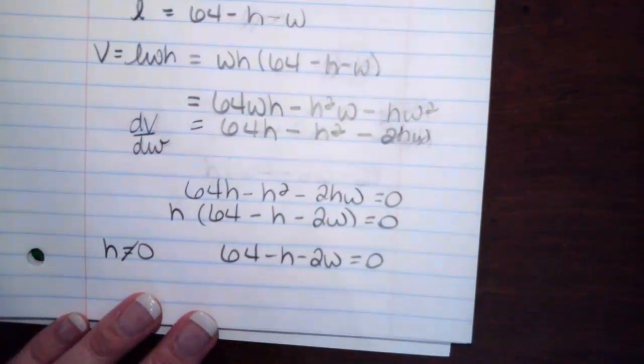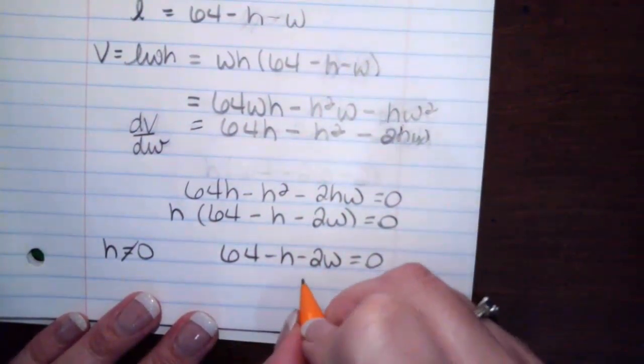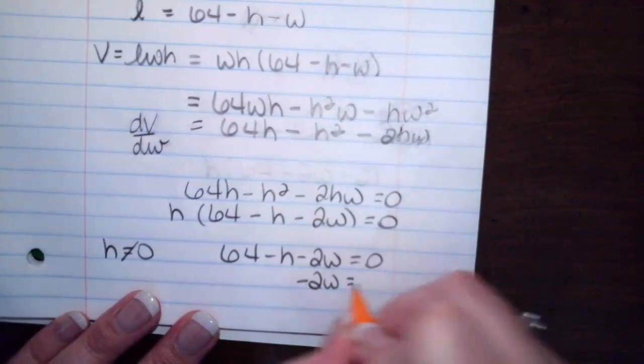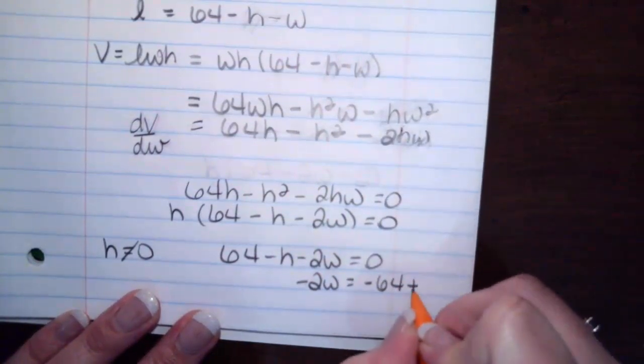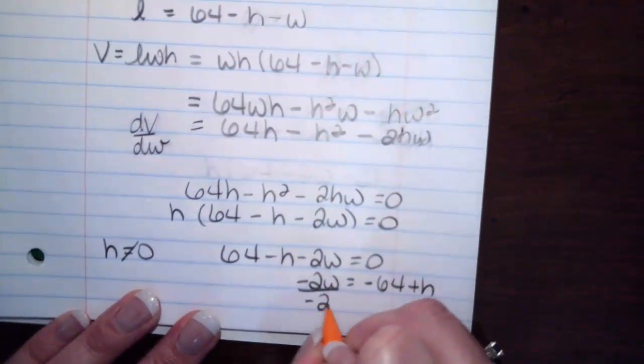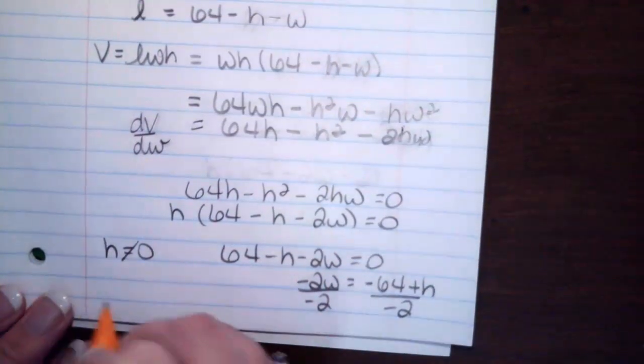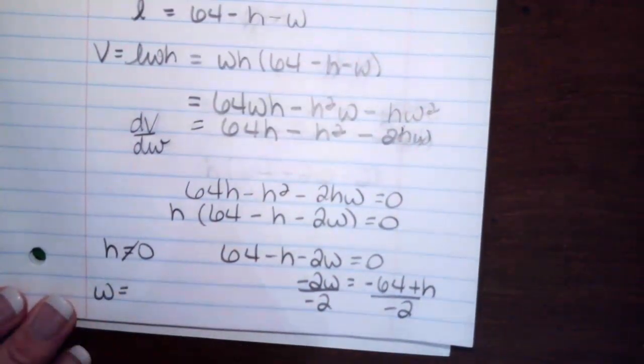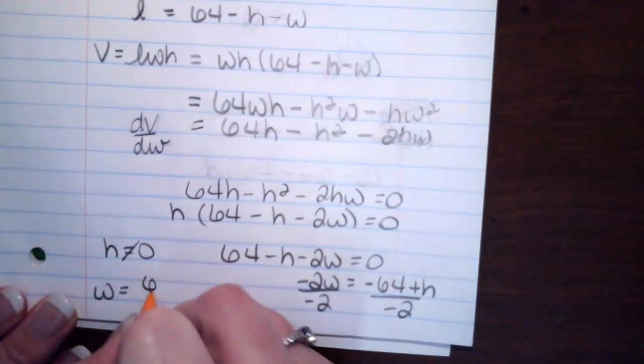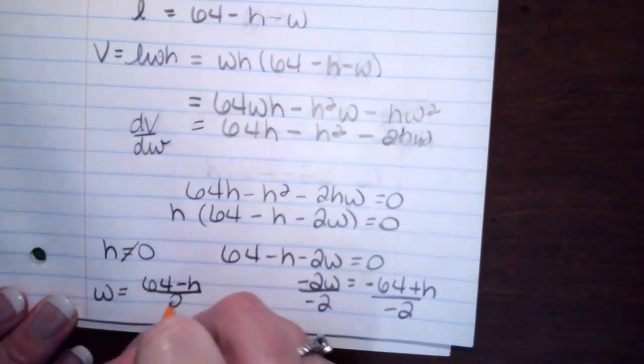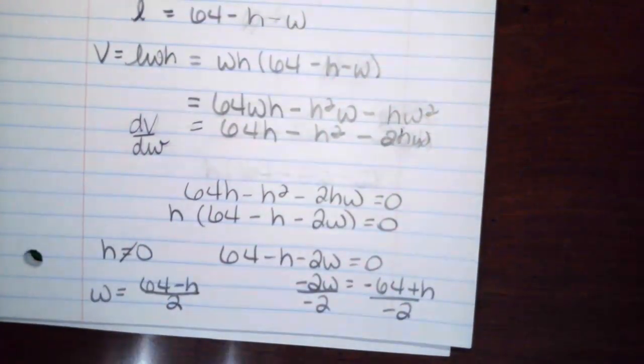So I'm going to subtract 64 and add H. So negative 2W is negative 64 plus H, divided by negative 2 is going to give me W equal to 64 minus H over 2.